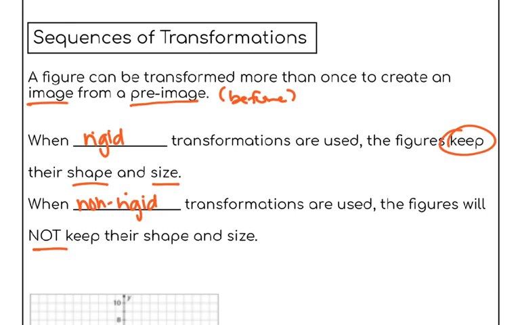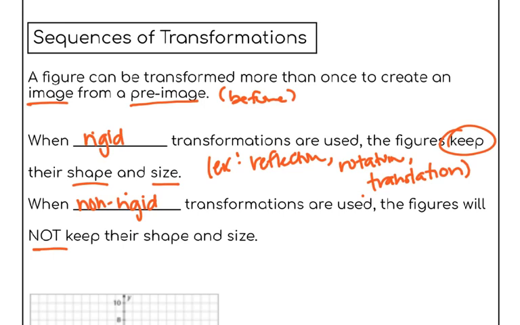A rigid transformation would be something such as a reflection, because it kept the same size and shape, a rotation, or a translation. All of those keep their size and their shape.